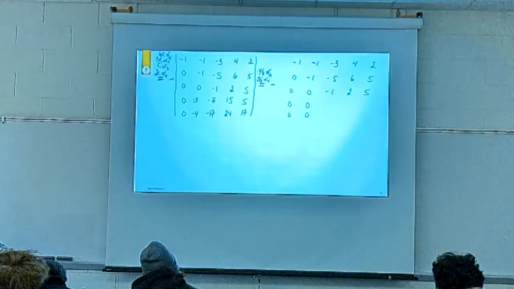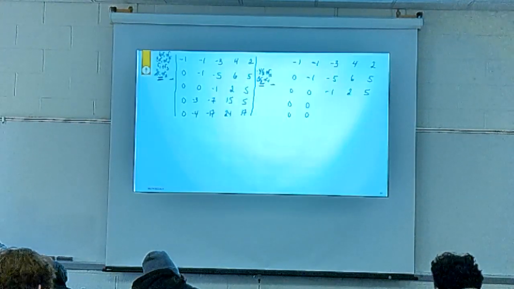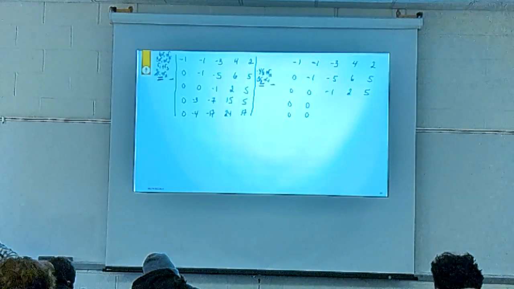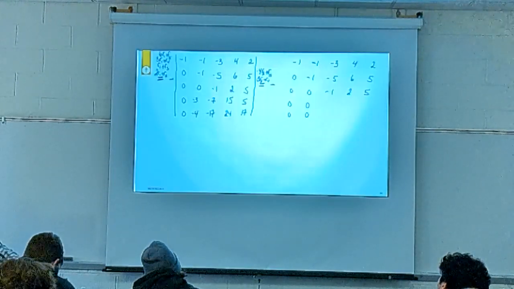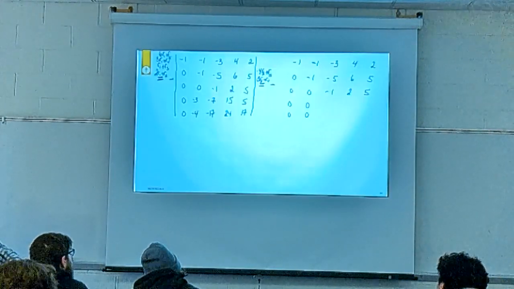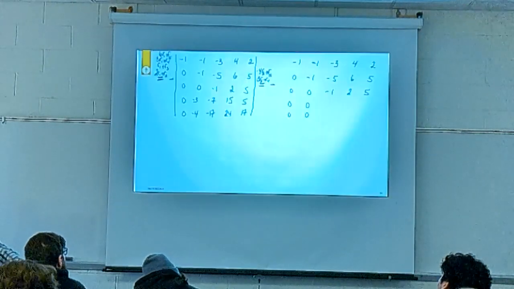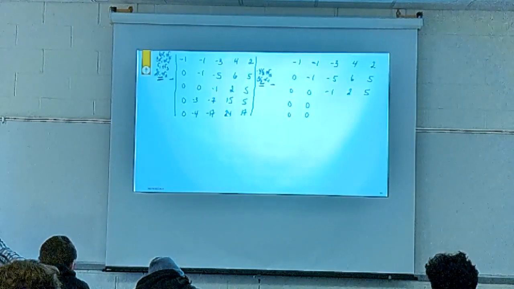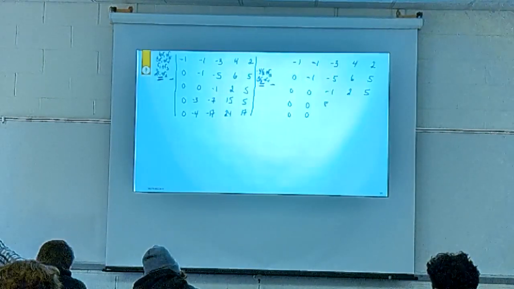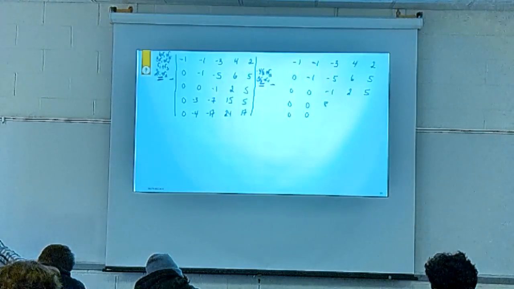It's going to change, if that's what you mean. But isn't there going to be a problem with it? Why? I don't know. Just guess. So what do we get for row 4? Negative 3.